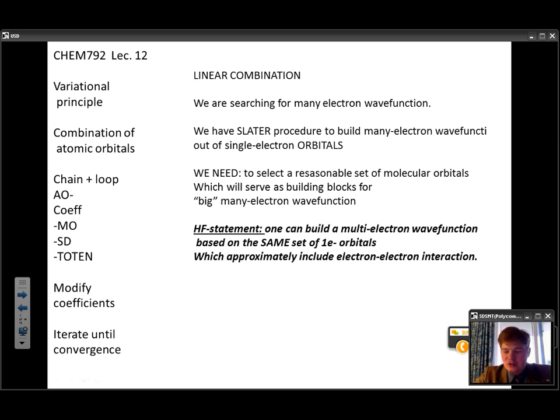They were used even without Hartree-Fock theory as an independent philosophical concept. Okay, it is a verbalization of this idea. The way these orbitals are built will be left for the next lecture. But now let's discuss once again the bigger picture, the connection between atomic orbitals, molecular orbitals, and the whole many electron wave function. Okay?